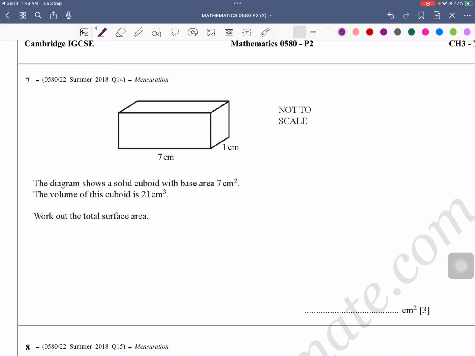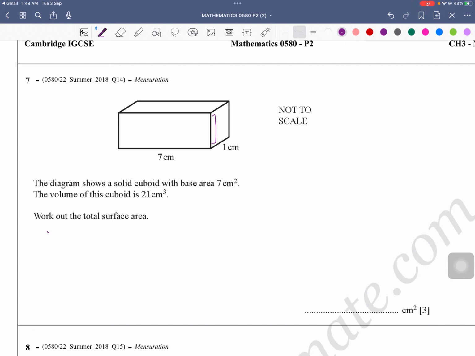So we need to figure out how many surfaces there are, and that should help us get this area. The base area is 7, and they've also shown us that the volume is 21. The volume will help us find the length and the breadth of it, right?